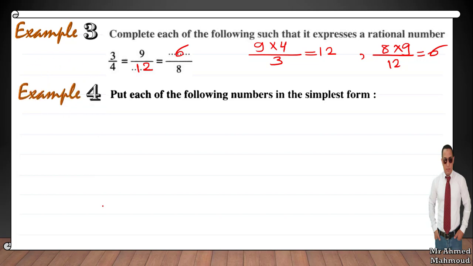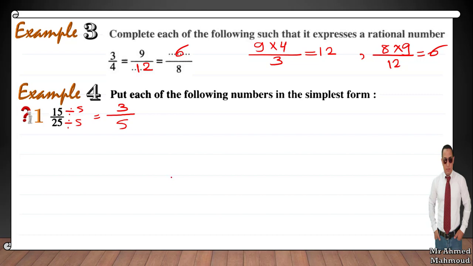Example 4: put each of the following in the simplest form. Here 15 over 25. If you know the times table, you know that 15 and 25 are both divisible by 5, so 15 divided by 5 is 3, and 25 divided by 5 equals 5.